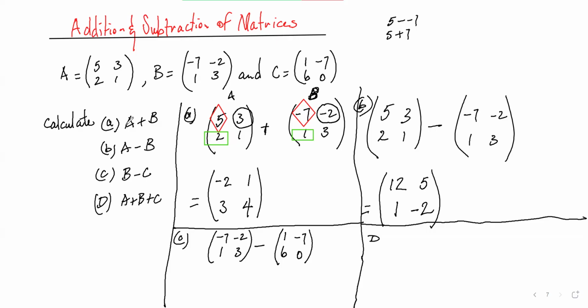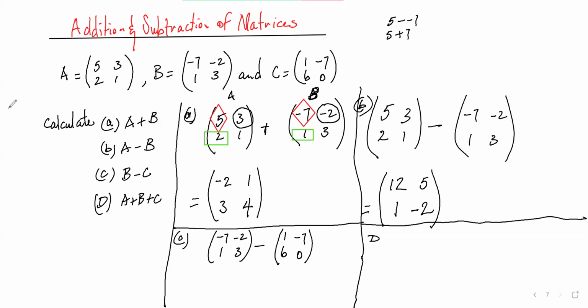So we're looking at B minus C, so it is -7 minus 1. These are the relating elements, as I said before.